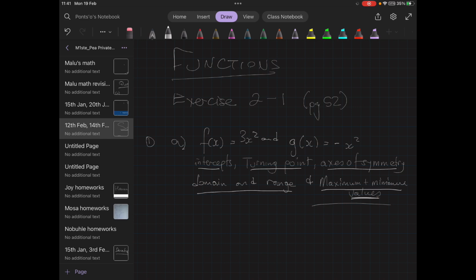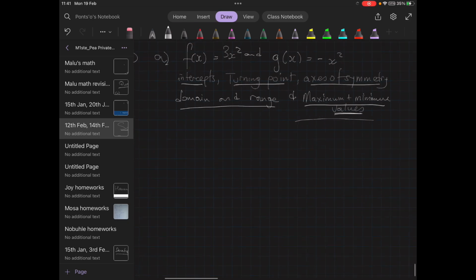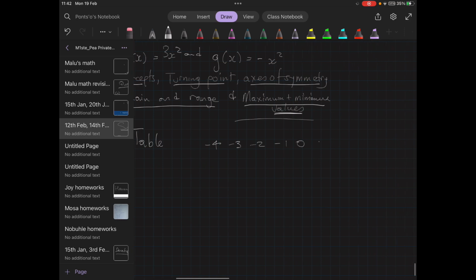Alright. So for f of x equals 3x squared and g of x equals negative x squared, let's draw up a table. On our table, we will look at values of x for x equals -4, -3, -2, -1, 0, 1, 2, 3, and 4.